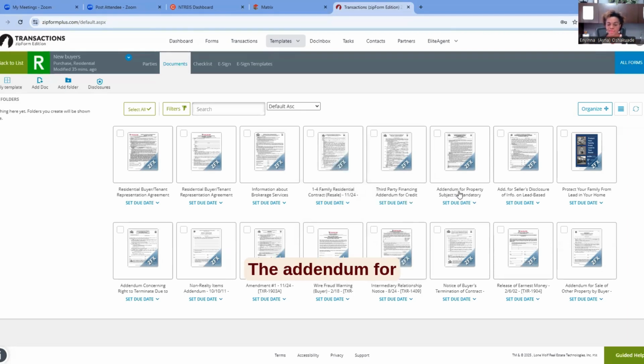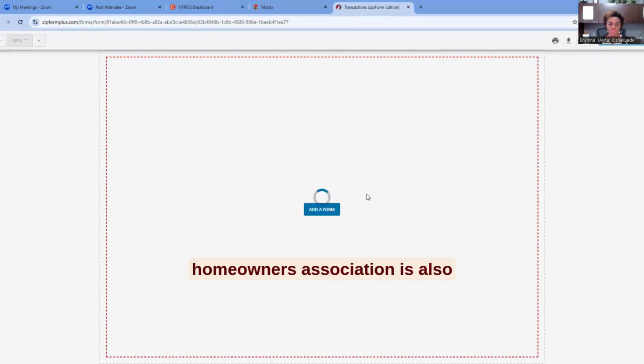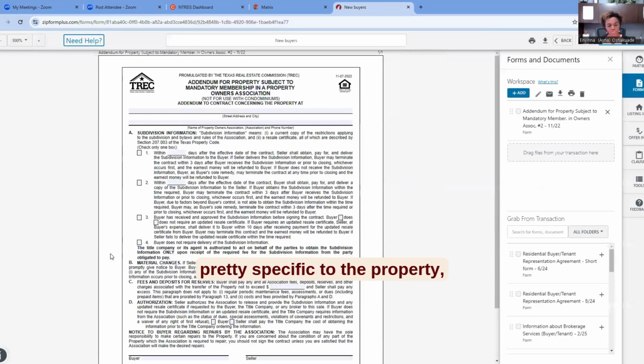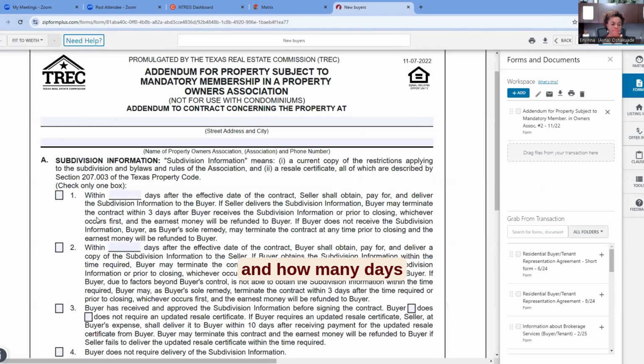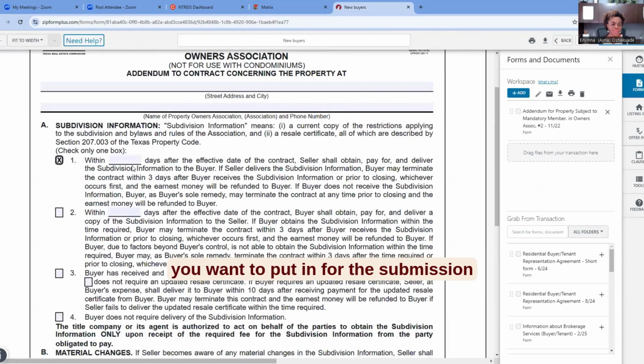The addendum for property subject to mandatory homeowners association is also pretty specific to the property and how many days you want to put in for the submission of the documents from the HOA, the resale certificate, and all of that goes in here.